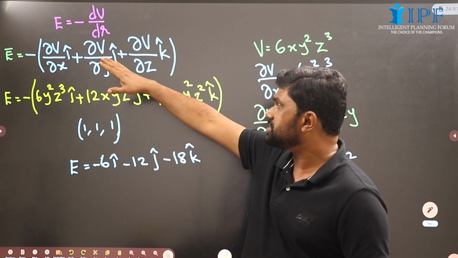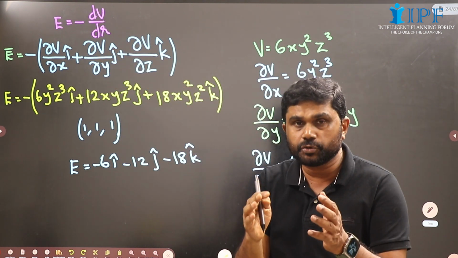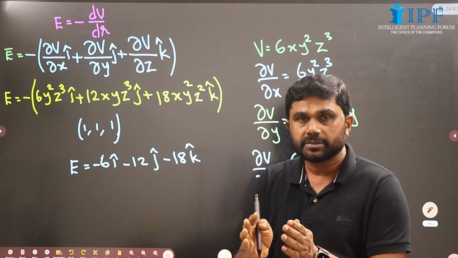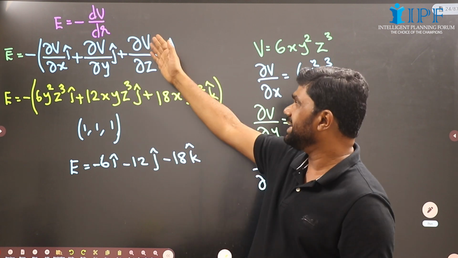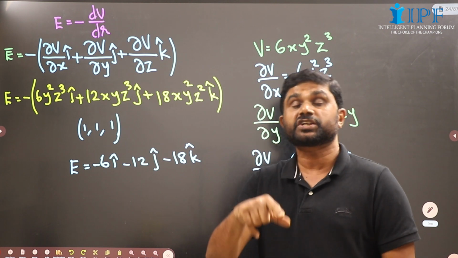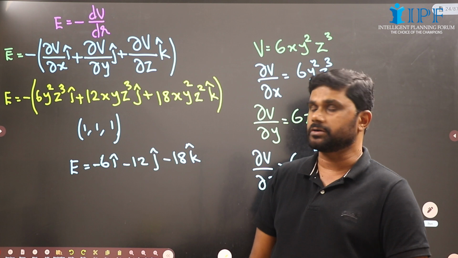When we find del V by del Y, we have to differentiate with respect to Y by keeping Z and X as constants. And this del V by del Z is the differential of V with respect to Z by keeping X and Y as constants.